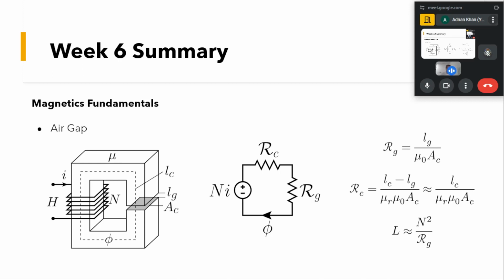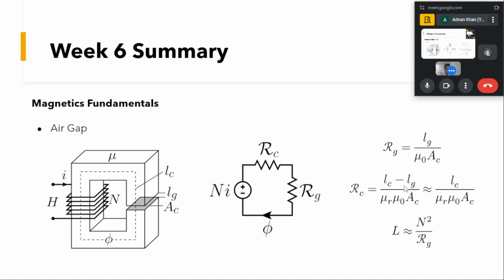But the value of mu r mu naught is very high compared to the mu naught of the air gap, so Rc is very small compared to Rg, the reluctance of the air gap.